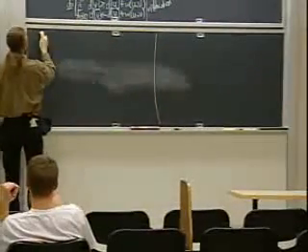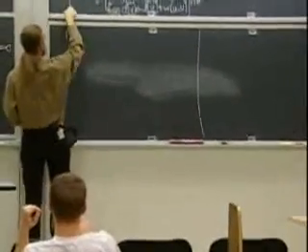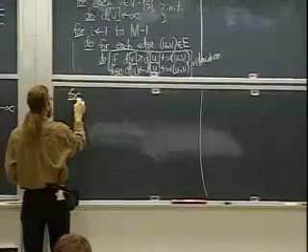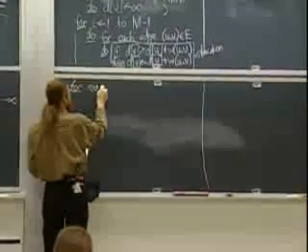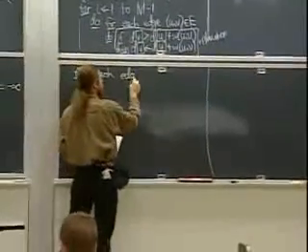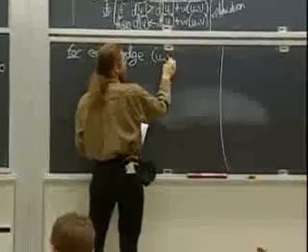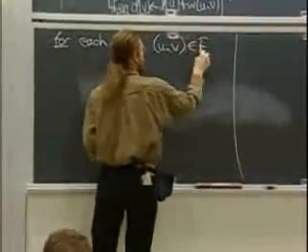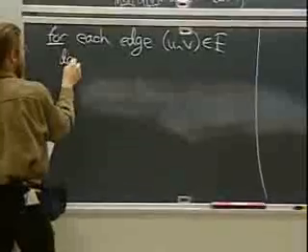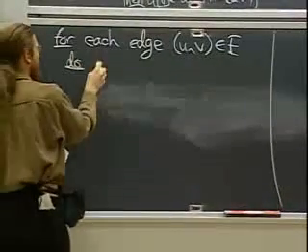which is we're going to do exactly the same thing. So this is outside the for loop here. We'll have the same for loop for each edge in our graph. We'll try to relax it. And if you can relax it, the claim is there has to be a negative weight cycle.